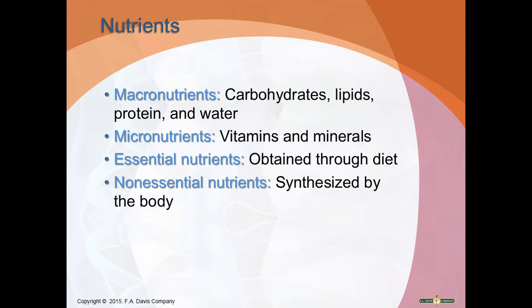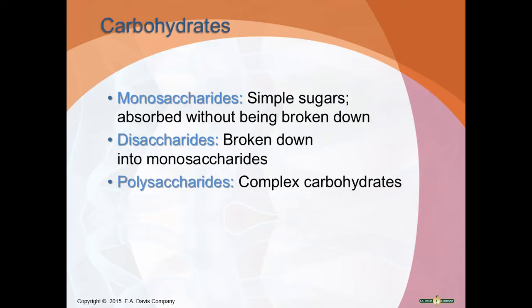So macronutrients are carbohydrates, lipids, protein, and water. Micronutrients are vitamins and minerals. Essential nutrients are obtained through the diet, and non-essential nutrients are synthesized by the body. With just a little bit of review, we went over it a little bit in the digestive system as well. Carbohydrates are the body's primary energy source.